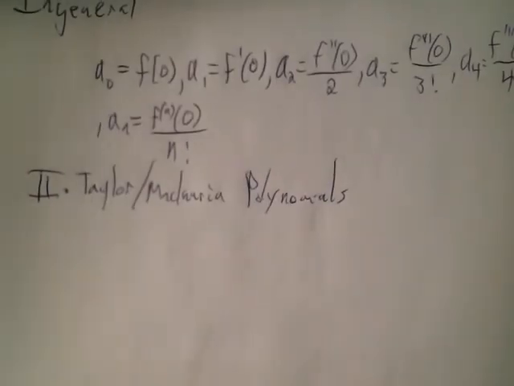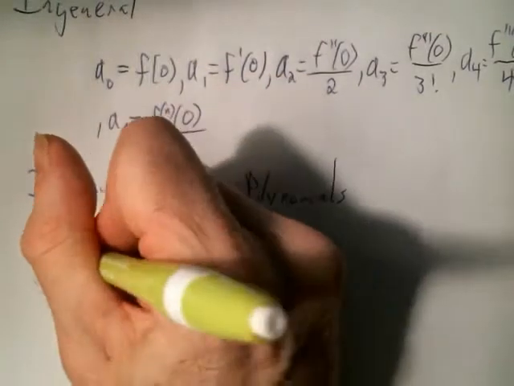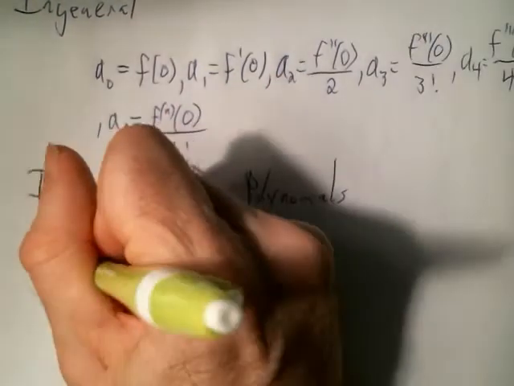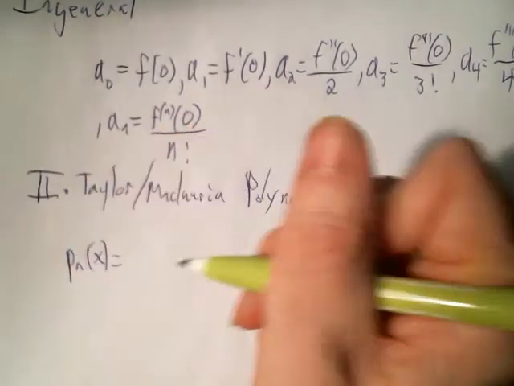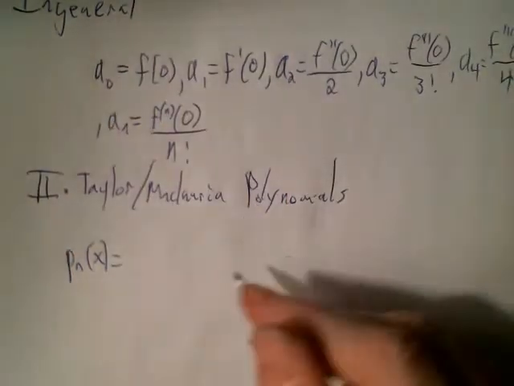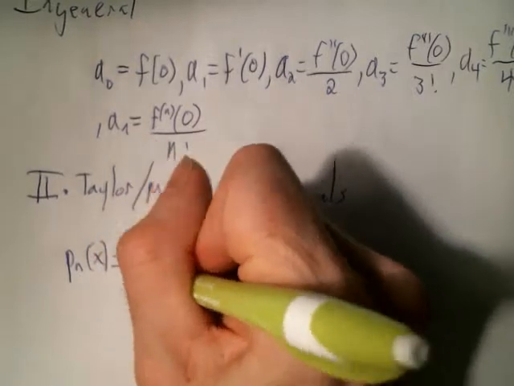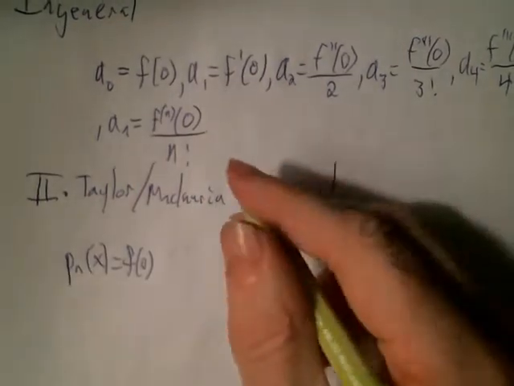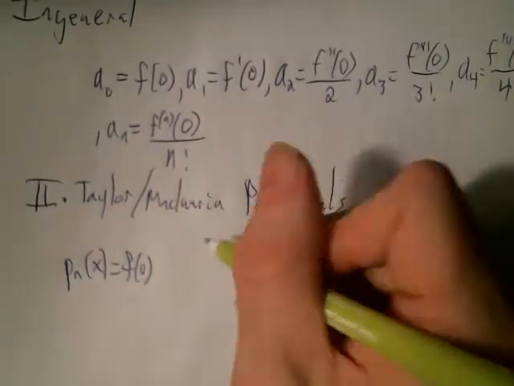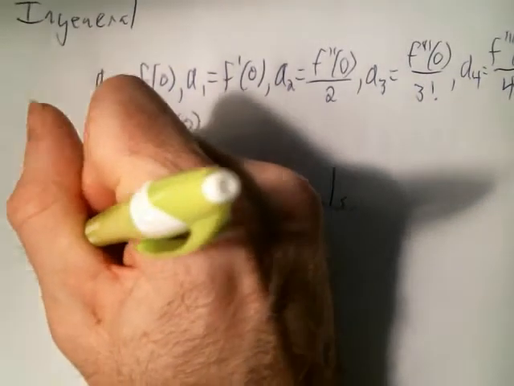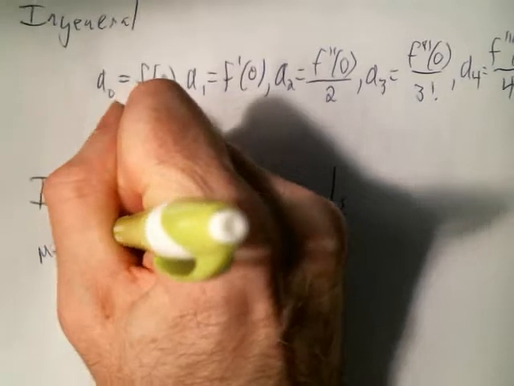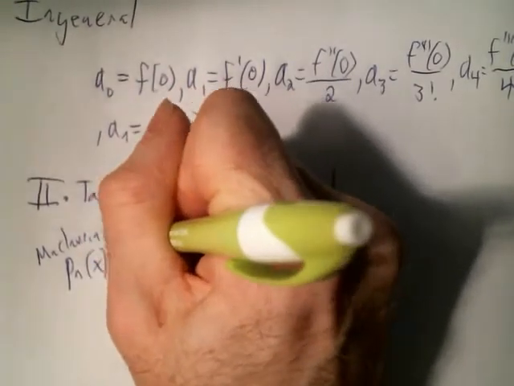So what do those look like? The Maclaurin is centered at 0, so p sub n of x, using these coefficients, is just a polynomial with coefficients based off of the function and its derivatives centered at c. For Maclaurin, c is equal to 0.